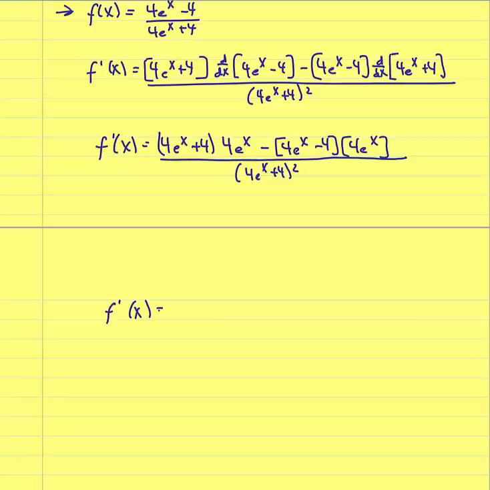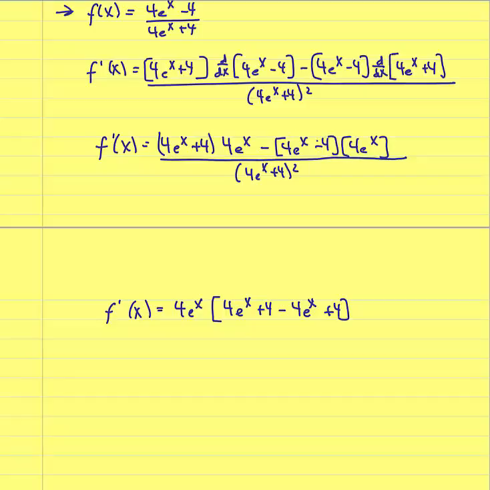Now we need to simplify this. When I'm looking at this numerator, I see that there's a 4e to the x that's common here. So if I pull out a 4e to the x for both of these, I'm left with 4e to the x plus 4 minus 4e to the x plus 4. So I'm taking this negative and I'm distributing it through here.